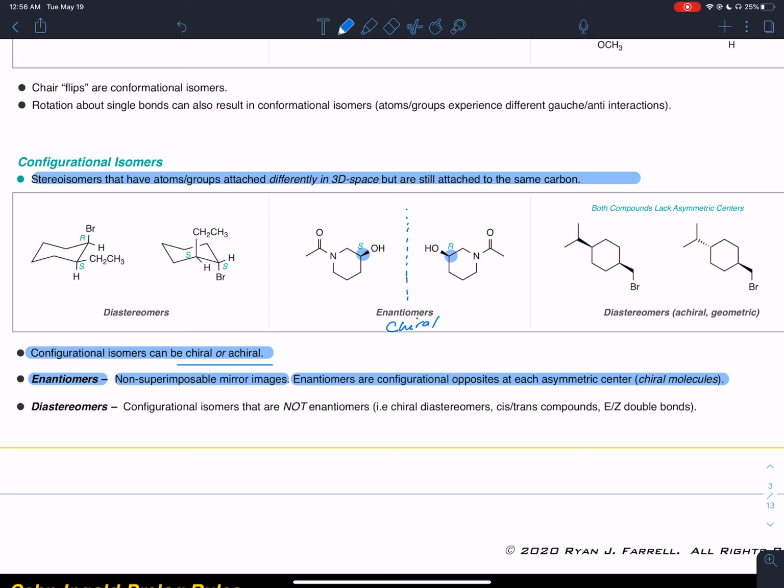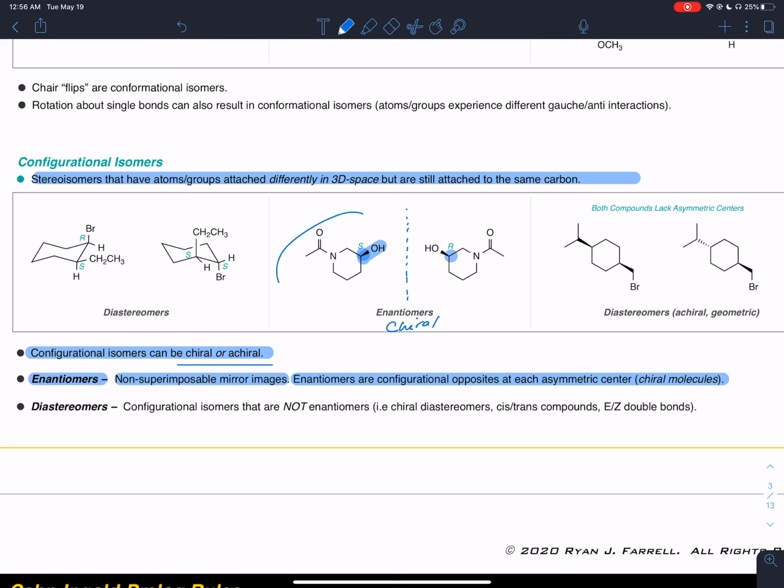And notice how when you draw the mirror image, say of this left compound, this OH is pointing up and to the right. In the mirror image, it should be pointing up and to the left. It is mirrored over, but the wedges are the same. What has changed when we've mirrored this over is the relative clockwise or counterclockwise, and I've proved that with configurations ahead of time, okay?